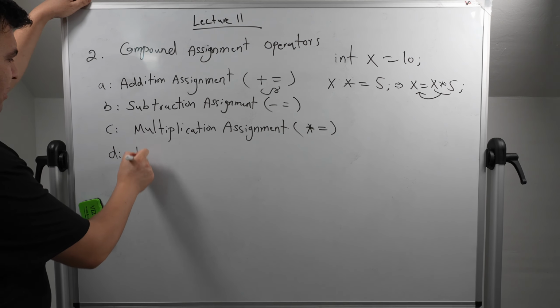And the symbol is division combined with the assignment operator. So here, if we change this to division assignment, it becomes divide the value of x by 5 first, and then the result should be stored inside x.